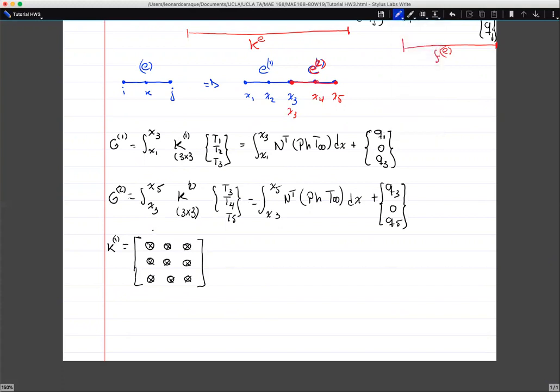And the degrees of freedom for this are, let's say, the nodes associated with this stiffness matrix are node 1, node 2, node 3.